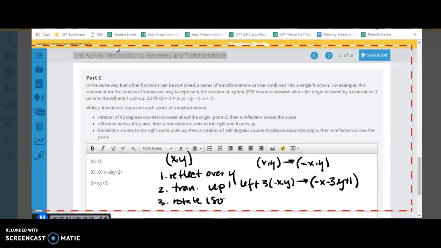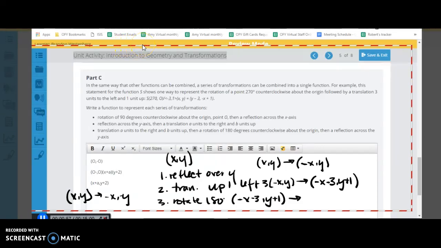Now for the last transformation, we start with (negative x minus 3, y plus 1). When you rotate 180 degrees, the point (x, y) becomes (negative x, negative y). The x value changed to be negative and the y value changed to be negative.